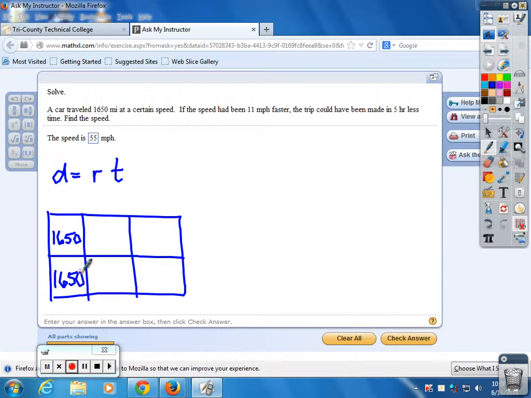Rate. Well, let's talk about the rate. If the speed had been 11 miles per hour faster, the trip would have been made in 5 hours less. So rate, I'm going to put R plus 11, and then I'm going to put R right here.